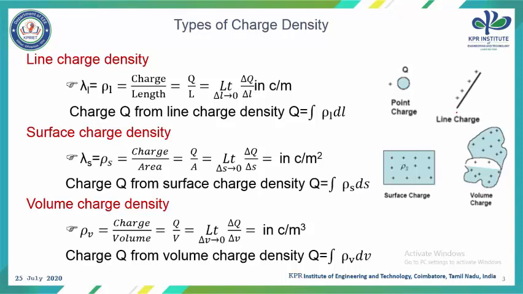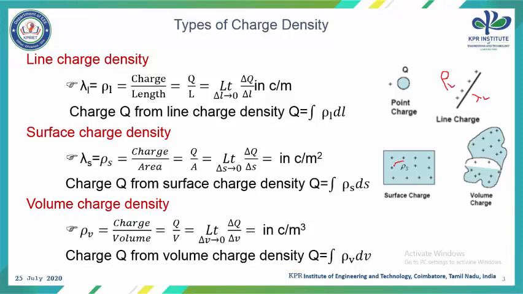If the charges are aligned in a line, it is called line charge density. The notation for line charge density is rho suffix L or lambda suffix L. Both notations are used. If the charges are aligned in a surface, it is called surface charge density.